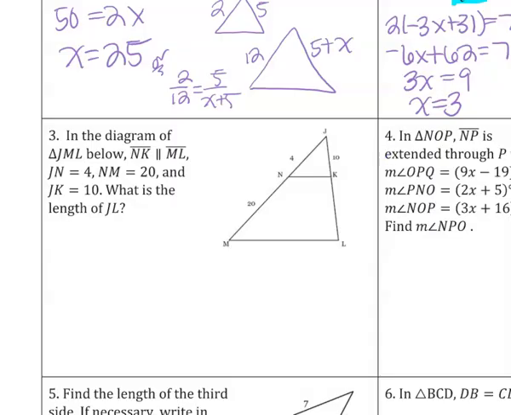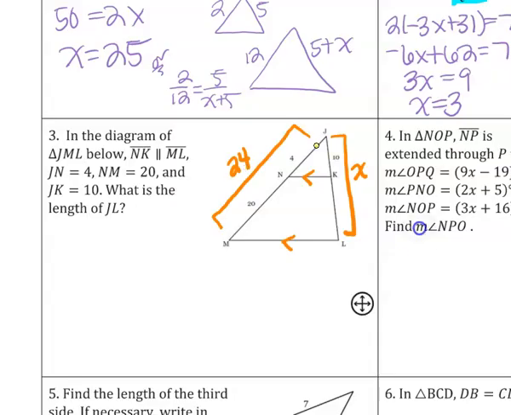In the diagram below of triangle JML, I know that NK is parallel to ML. I want to find the length of JL. So that's this whole section. Now, I'm going to do this a little bit differently. Let's call this X. And then the corresponding distance on the other side of that triangle would be 24.